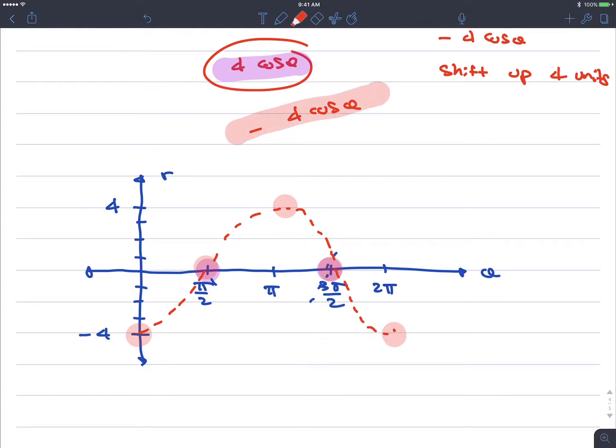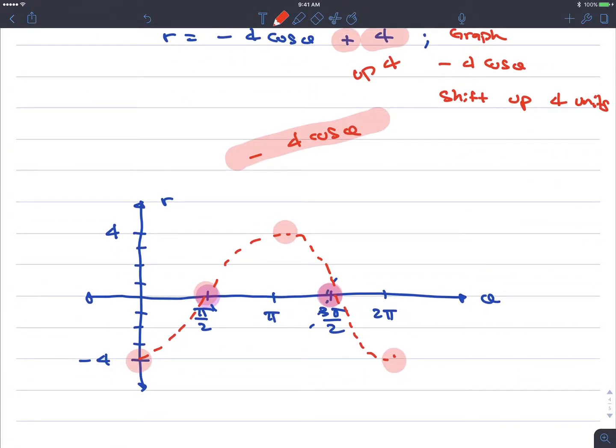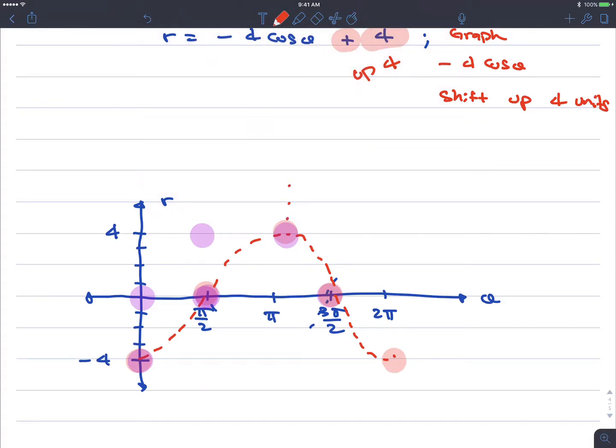I need this. I don't need this. Because what am I going to do with this curve anyway? Once I have this curve here, I shift it how? Up 4 units. This is the up 4 units portion. Up 4. So let's shift that one up 4. Now notice what this then does for us. If I shift everything up 4, this point is now here. Is that true? This point goes up 4 here. This point, I'm going to have to erase everything. Goes up how many units? 4. 1, 2, 3, 4.